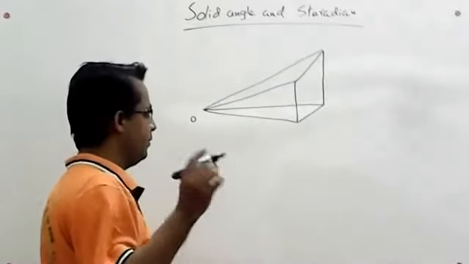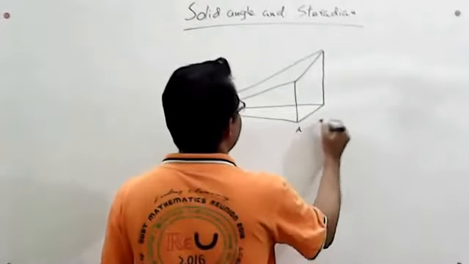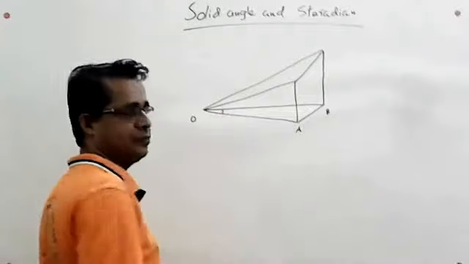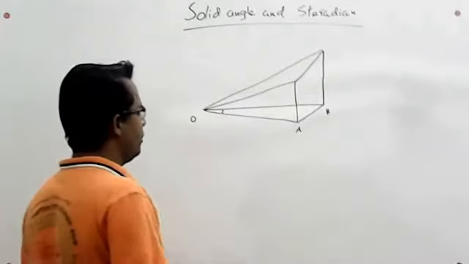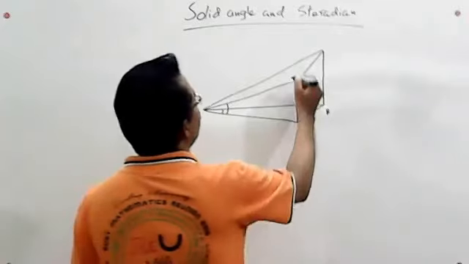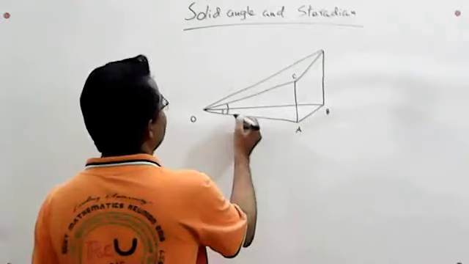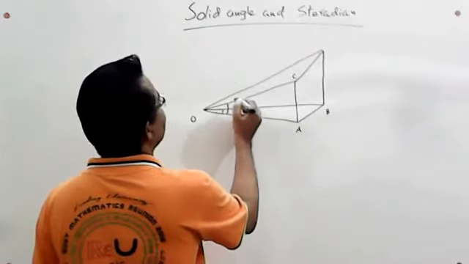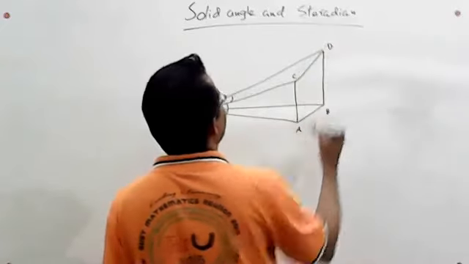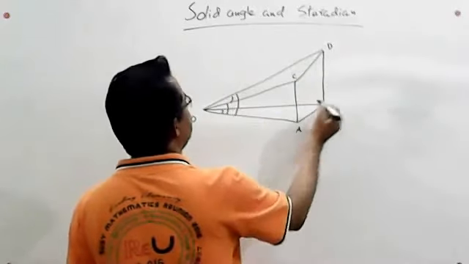We have got 4 planes here, and all of these 4 planes intersect at the point O. Now, by the definition of plane angle, for the line AB, we know that this is a plane angle. Also, this is a plane angle for line AC, this is a plane angle for CD, and this is a plane angle for BD.